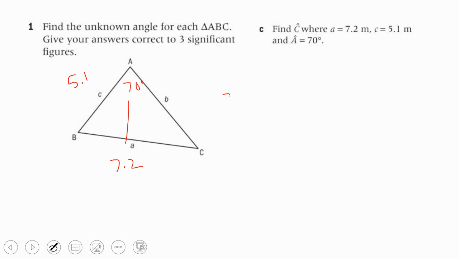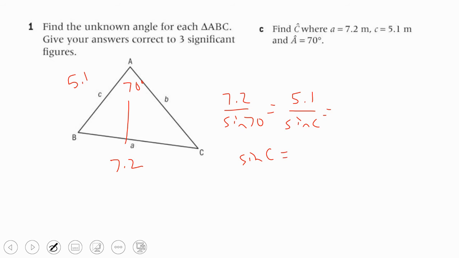Okay, so 7.2 over the sine of 70 equals 5.1 over the sine of C, and we don't have anything for our third. And so this says find angle C, so we should be good to go. So I'm going to write it in one step.